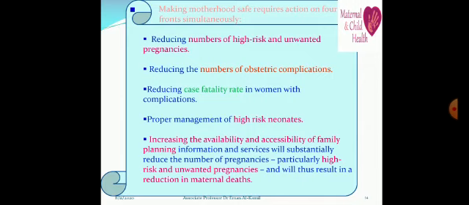A proper management of high-risk neonates: some of the neonates, as we mentioned, the low birth weight babies or the premature babies, or there are different complications which put the baby at high risk, so they need certain intervention. Also, increase the availability and accessibility of family planning information.